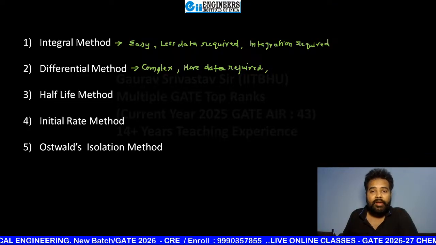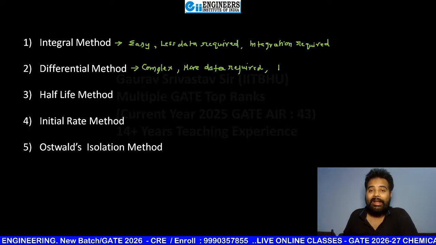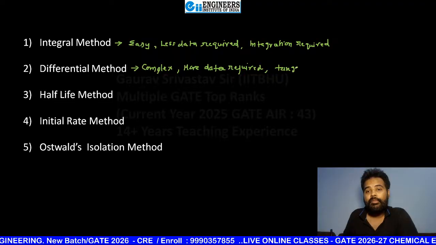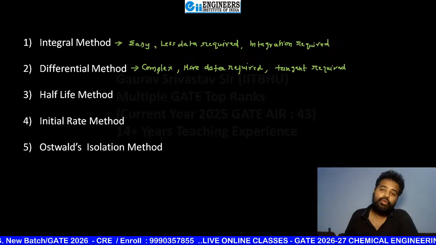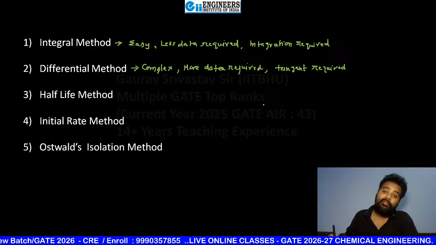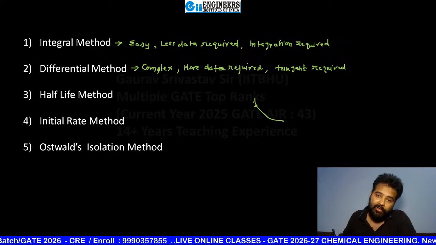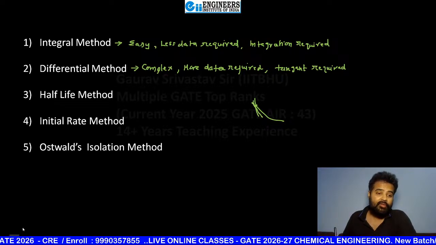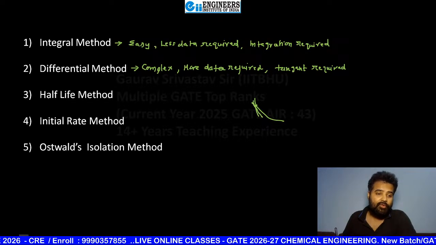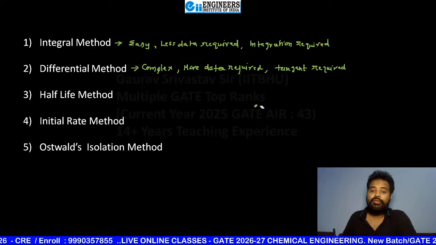Okay, and here what is the problem? Tangent required. And you know tangent, whenever you are going to calculate with the help of a graph, like if this is the graph, someone can make the tangent like this, someone can make the tangent like this. So again you have to use precaution.